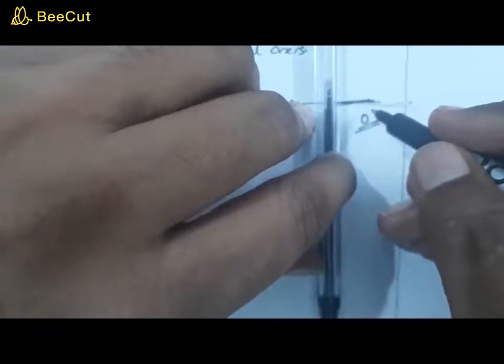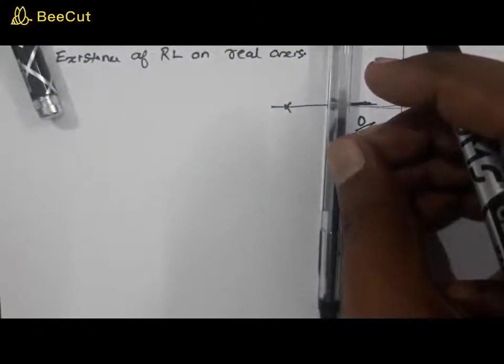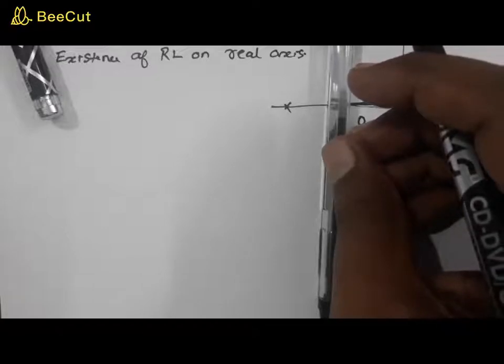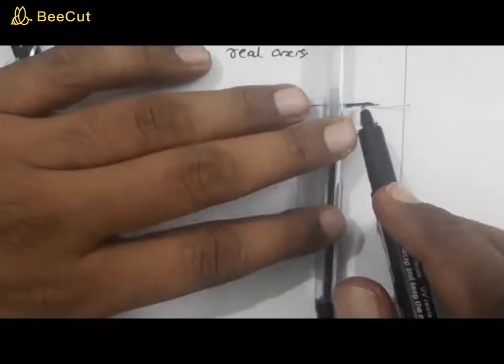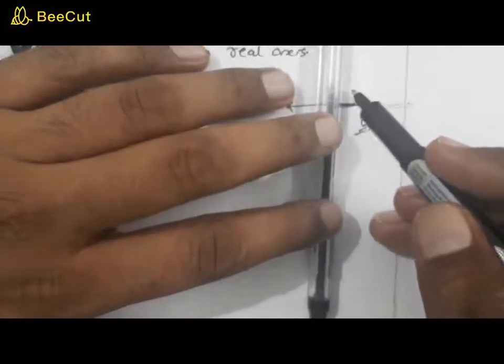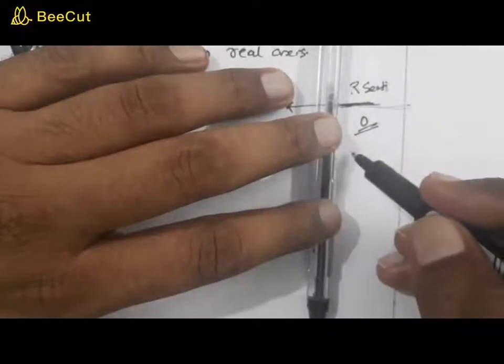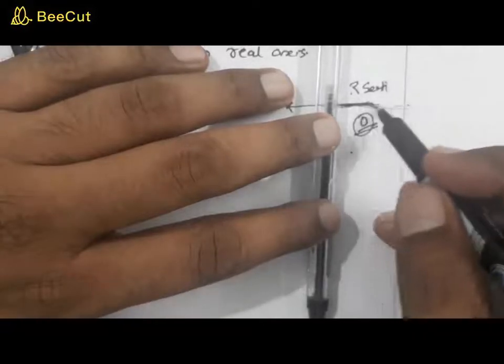If the number of poles and zeros is an even number, then there is no root locus on the right of that section. So if the number of poles and zeros is an even quantity, then there is no root locus residing.